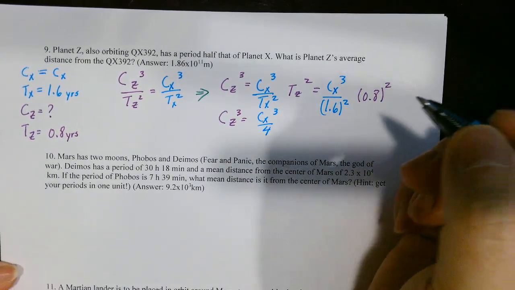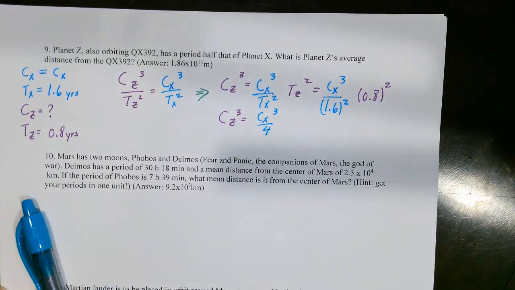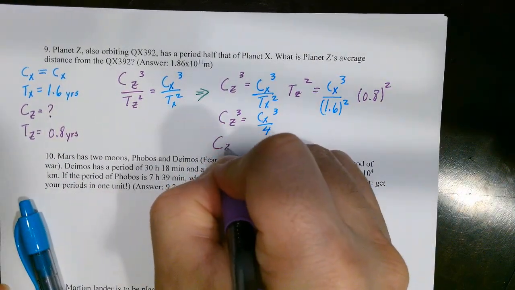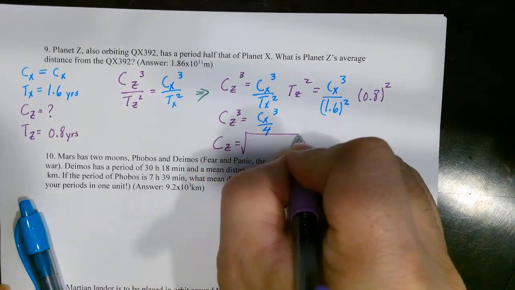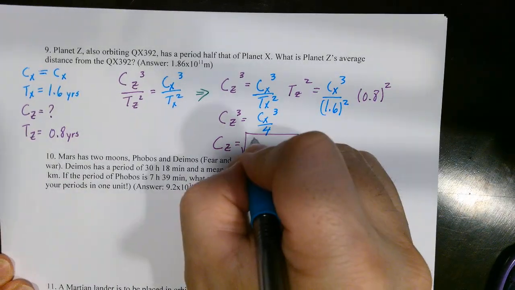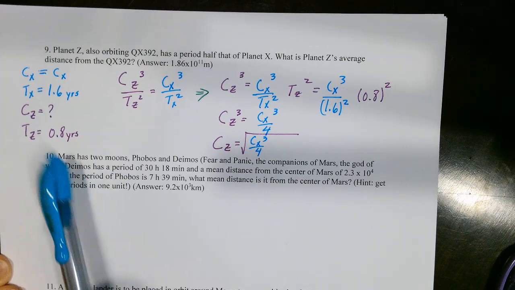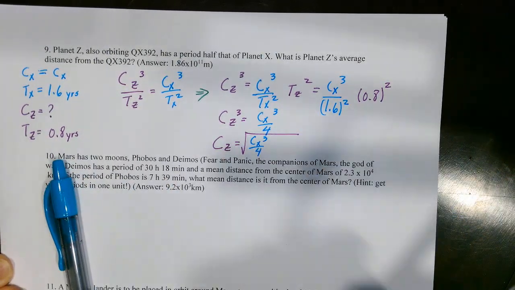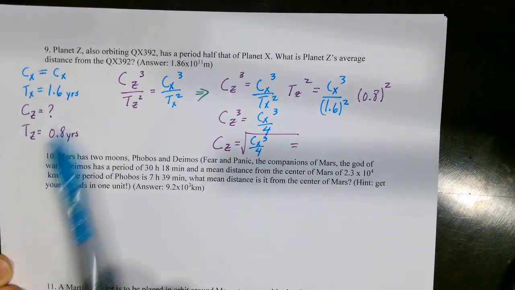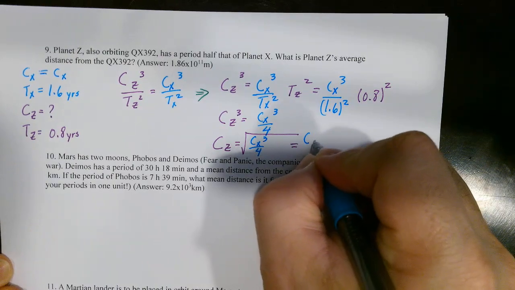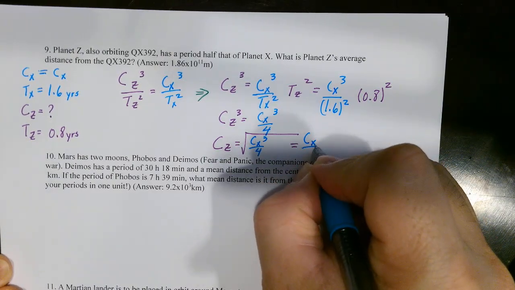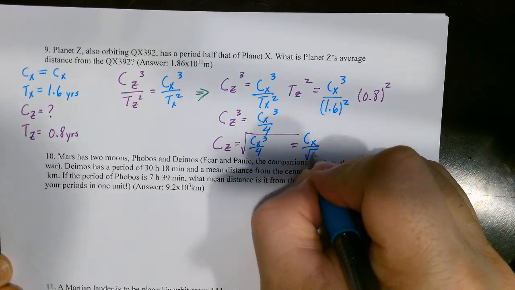So when you cube root this, Cz is equal to the cube root of Cx cubed over 4, and that comes out to basically Cx over the cube root of 4.